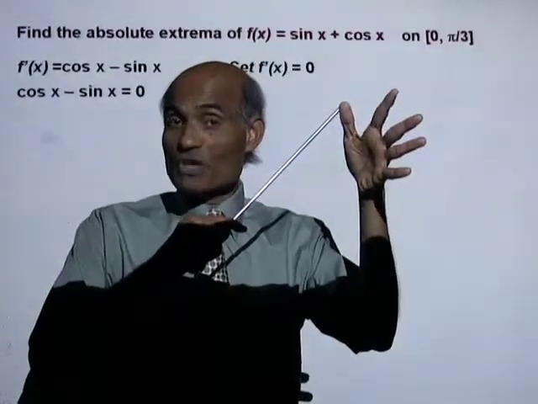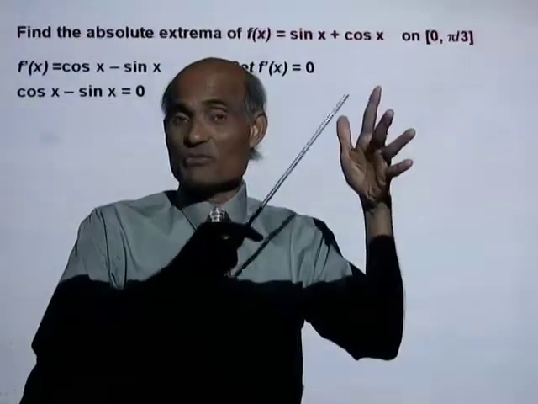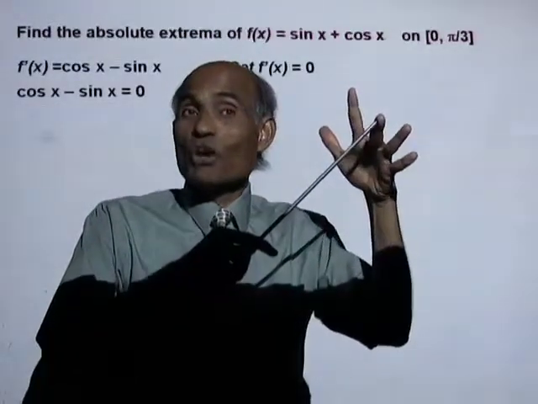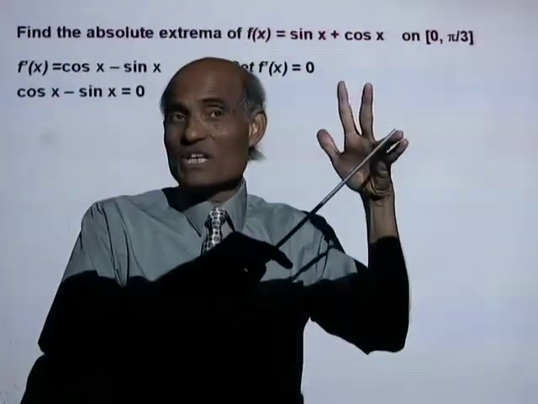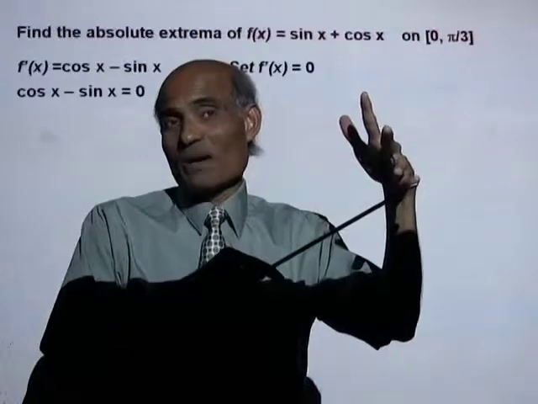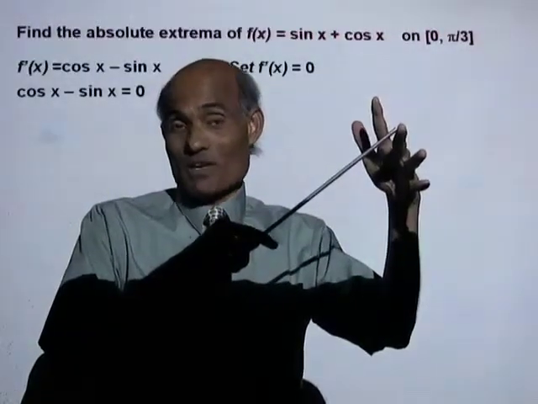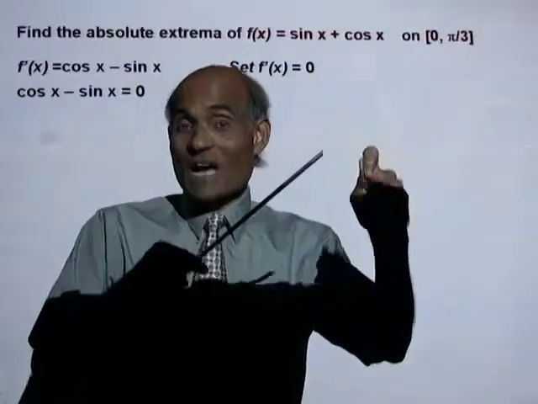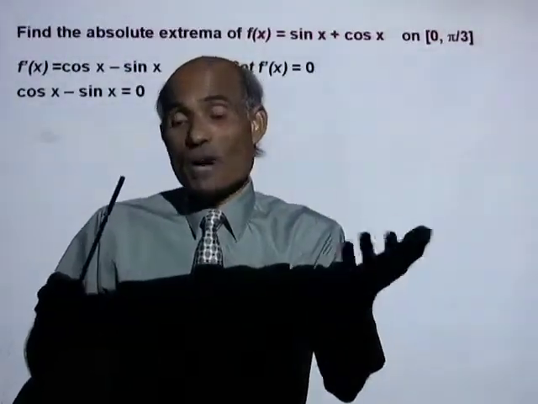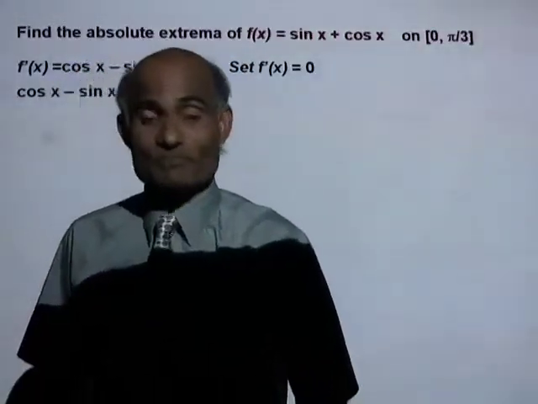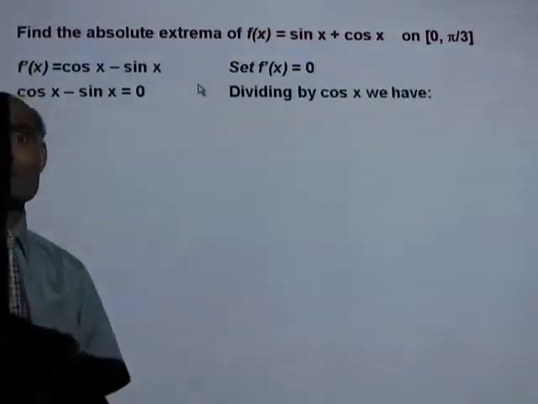Cos of 0 is 1, cos of pi by 6 is root 3 over 2, cos of pi by 4 is root 2 over 2, cos of pi by 3 is 1/2, cos of pi by 2 is 0. Did we have a common number somewhere? Yes. Sine of pi by 4 and cos of pi by 4 are both equal to root 2 over 2. That's right.